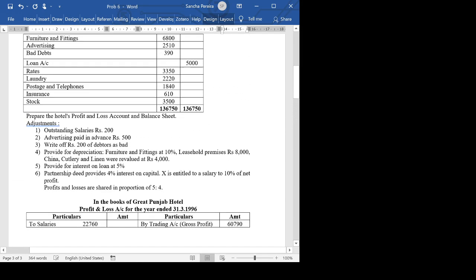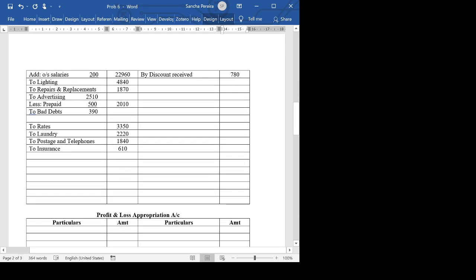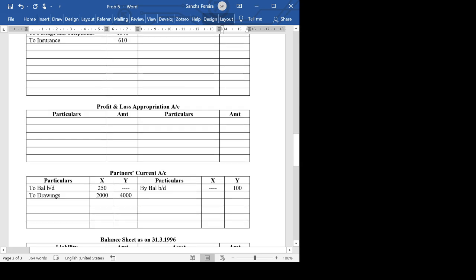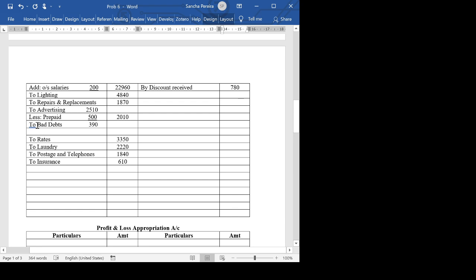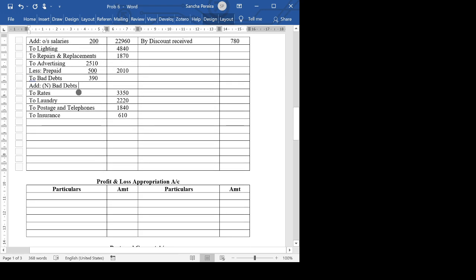Next we have write off rupees 200 of debtors as bad. So this becomes new bad debts. Add new bad debts 200. So that comes to 590.